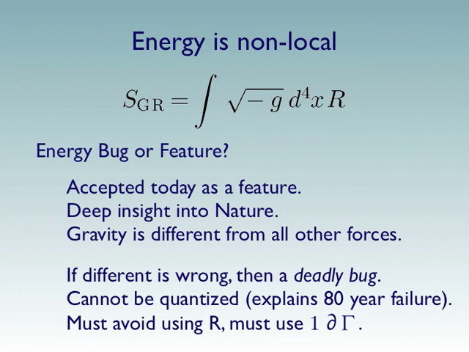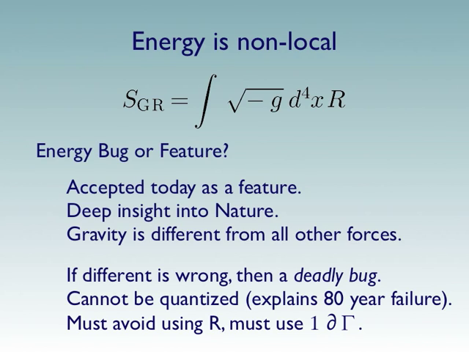Now, you cannot do that for a volume of space-time, but you can transform energy away for a point, and so therefore energy is non-local. Today that is accepted as a feature, and a very deep feature indeed. But it makes gravity different from all other known forces in nature. And that's why people who work in gravity generally talk amongst themselves.